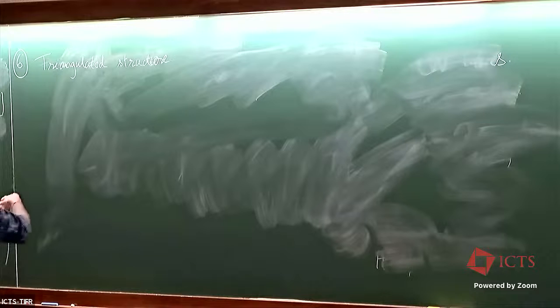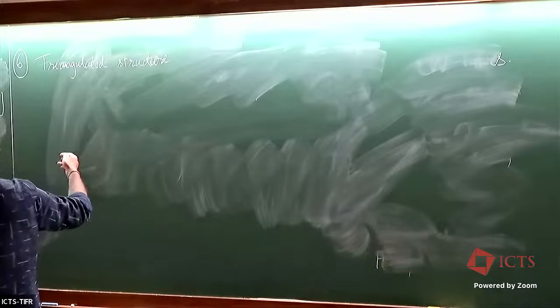And then the triangulated structure and the monoidal structure behave well with each other, which means tensoring with an element is an exact functor, so it preserves the triangles and so on. So I just needed this to be mentioned.